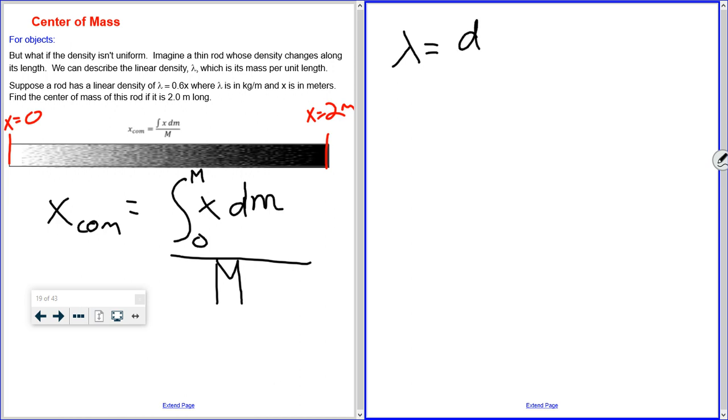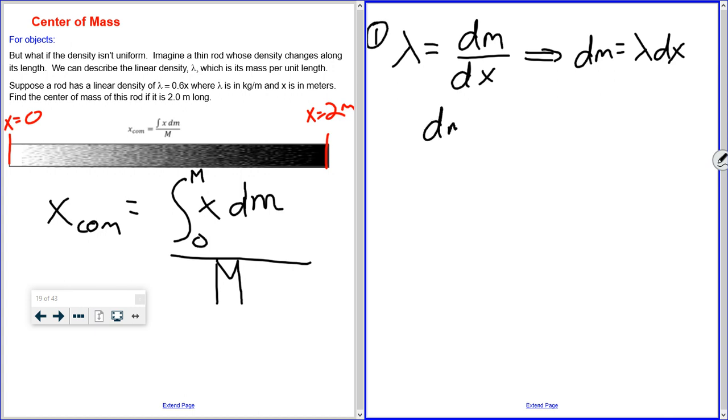If you take a tiny little chunk of mass and divide it by the tiny little chunk of length, that's what lambda is, okay? And so it turns out you can rearrange this. If I multiply both sides by dx, you get that dm is lambda dx. Okay, so that's always step number 1. All right, so for us, dm is lambda dx.